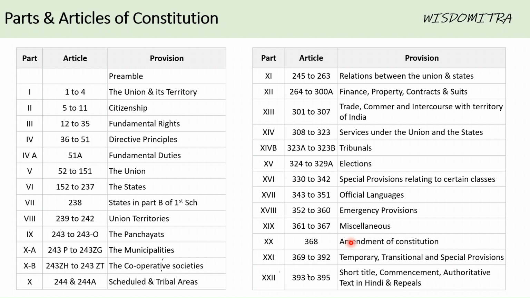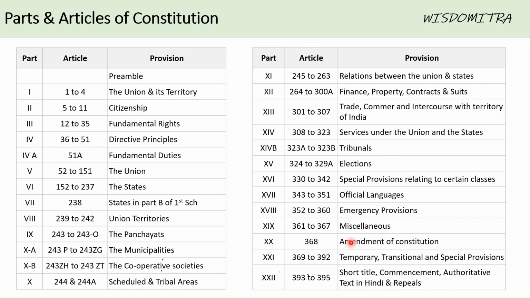And what after the Union? States. Articles 152 to 237 describe the states: the governor, the chief minister, legislative assemblies, high courts, and so on. Similarly, Part 7 covers states in Part B of the First Schedule, Articles 239 to 242 cover union territories, then panchayats, then municipalities.